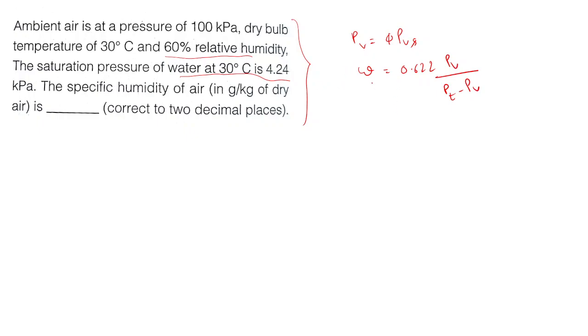So no need to do this in detail because it is the same problem, right? PT is also given as 100 and phi is given as 0.6. We have done this same problem a lot of times. Repetition we won't do, and any new type of problem we will do.